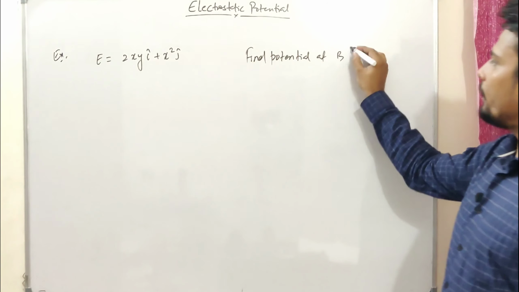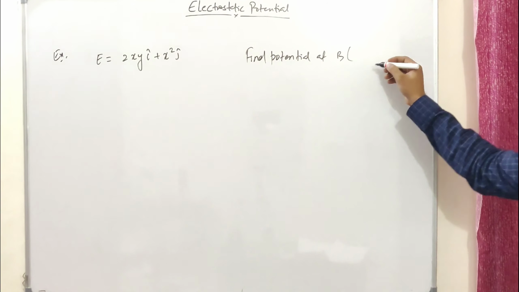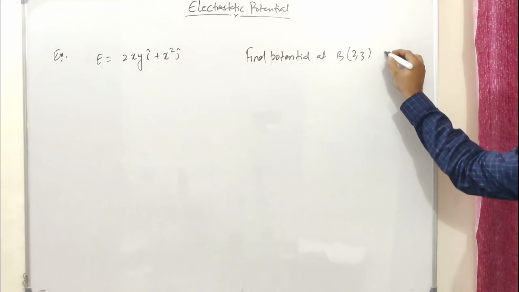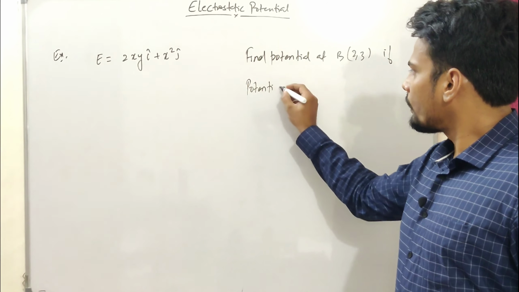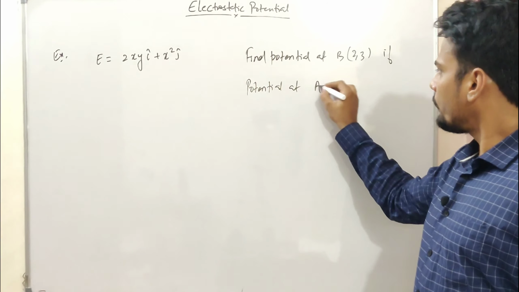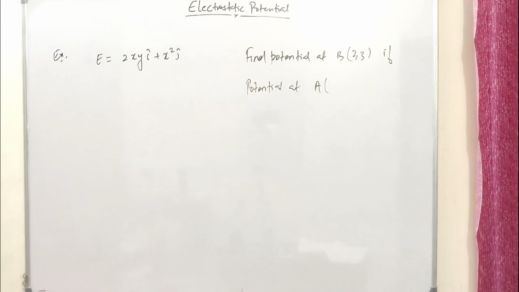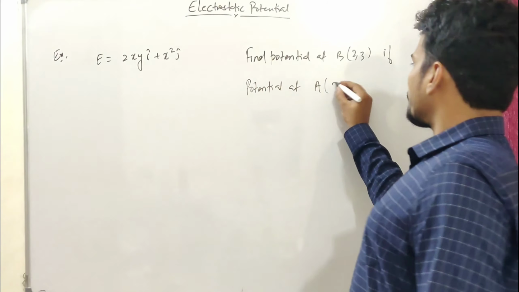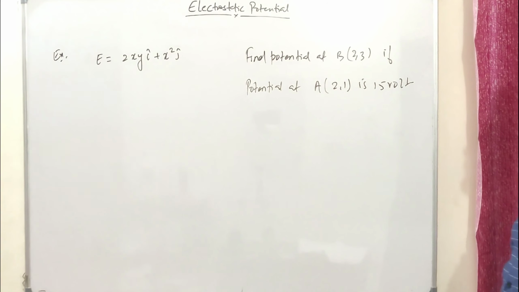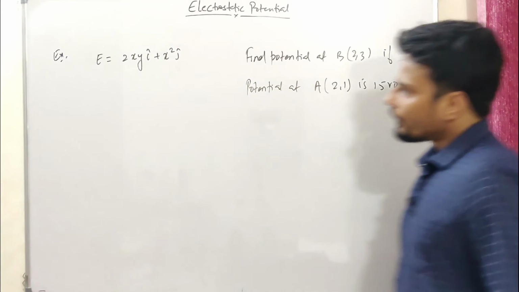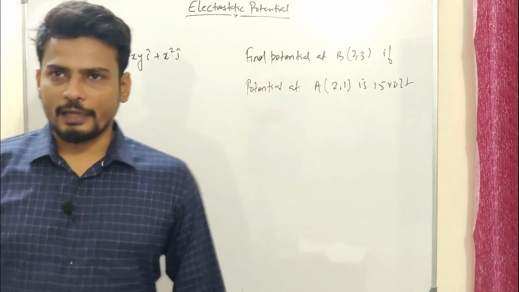let's say point B, maybe (2, 3), if potential at A, with a coordinate I can choose to have (2, 1), anything you can choose, let's say (2, 1) is 15 volt. Okay, now in this case you can see that the electric field is variable, right?